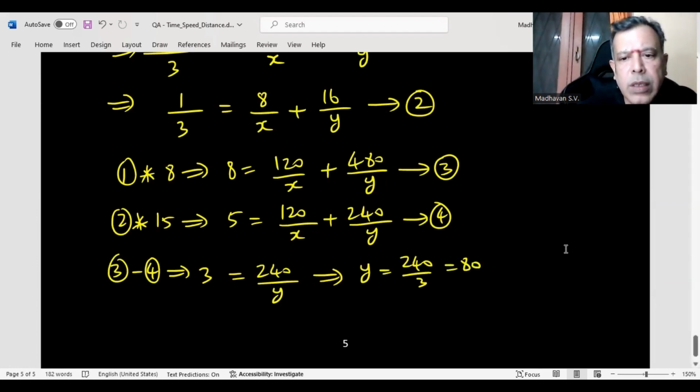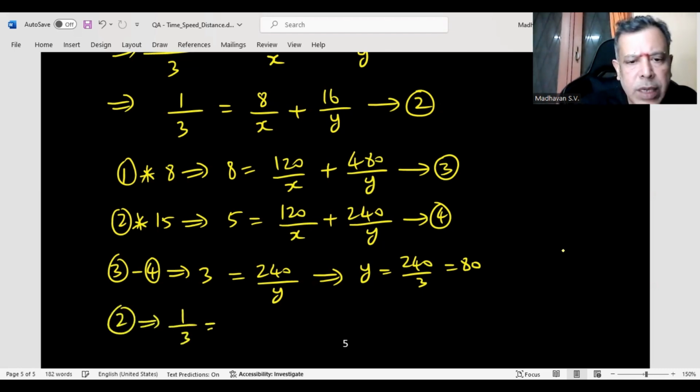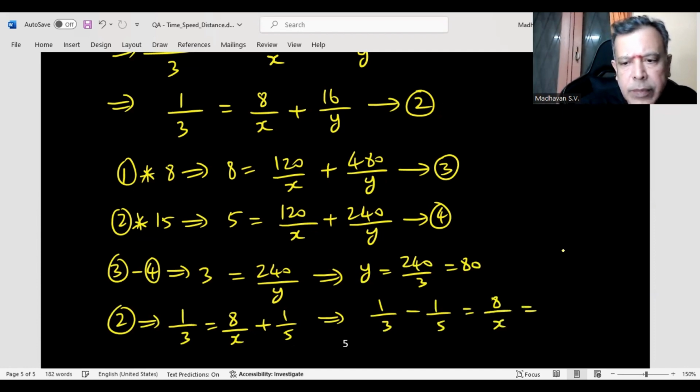Now that we got the value of y, let us substitute it and find out the value of x. In the second equation, we substitute: 1 by 3 is equal to 8 by x plus 16 by 80. 16 by 80 is 1 by 5, which means 1 by 3 minus 1 by 5 is 8 by x.